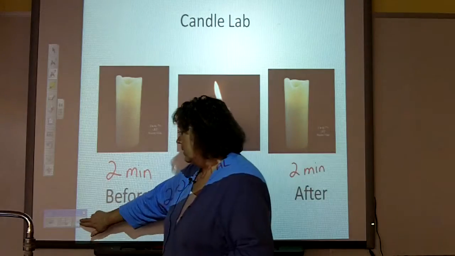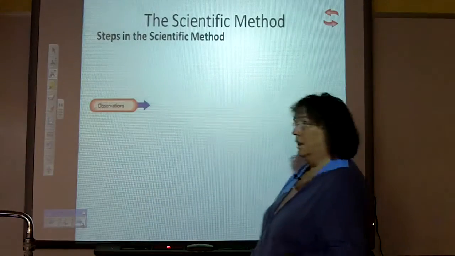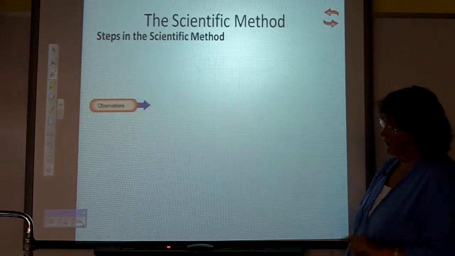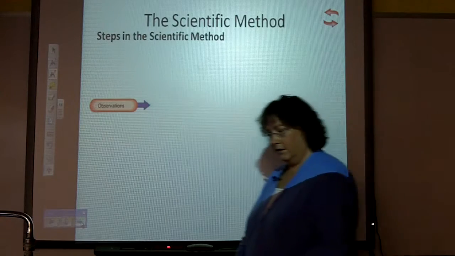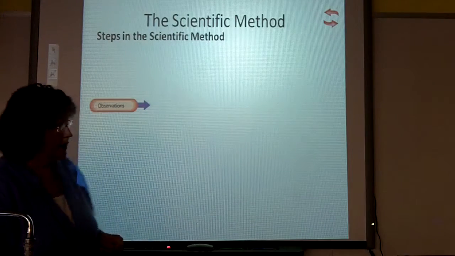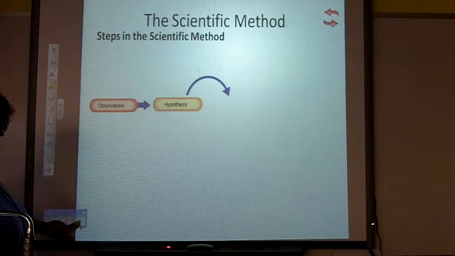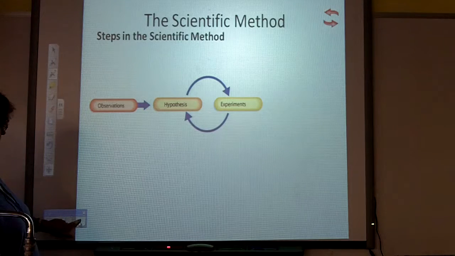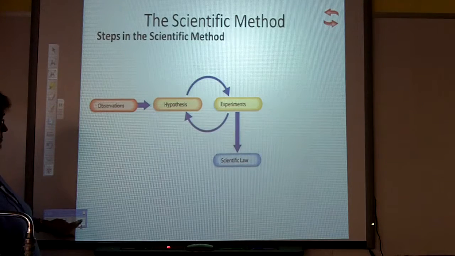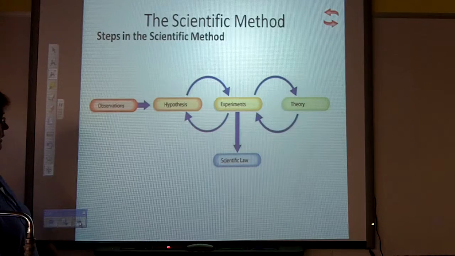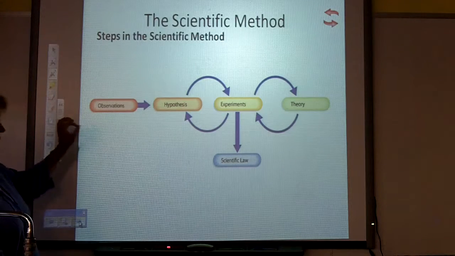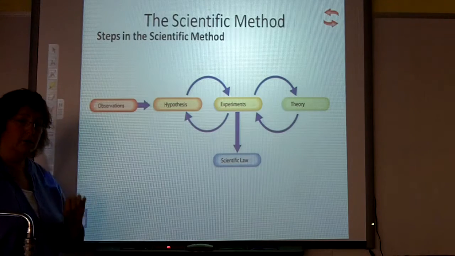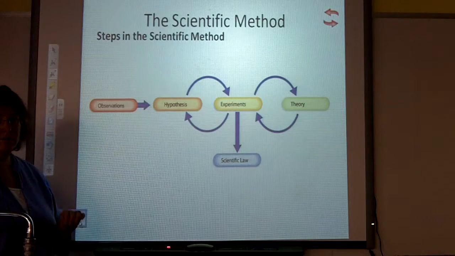Right, let's talk about the purpose of this lab. If we look at the scientific method, which we are talking about, we've got many steps and processes in this method. But the very first part of the whole process is the observation.